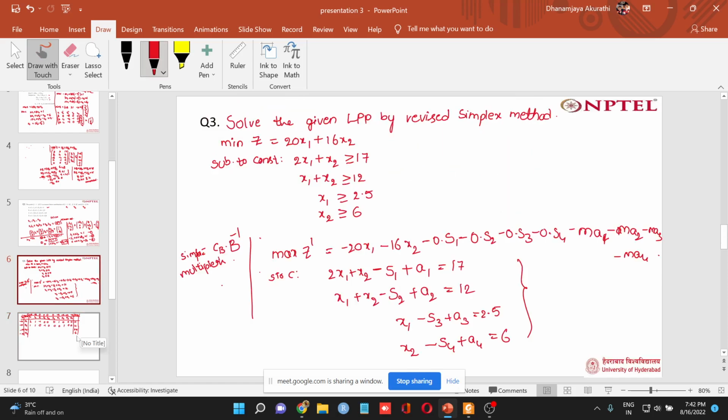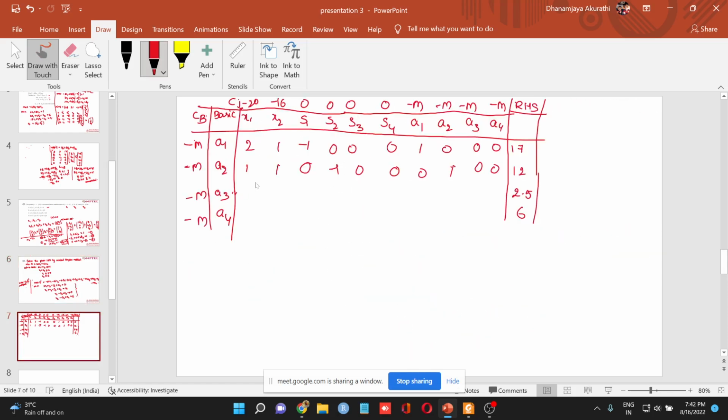And in the third equation is x1 and s3, plus 1.